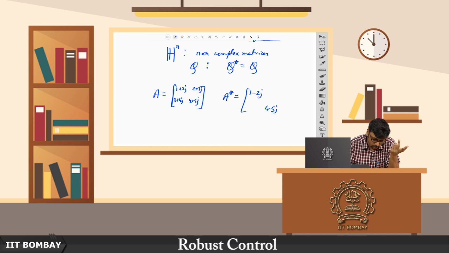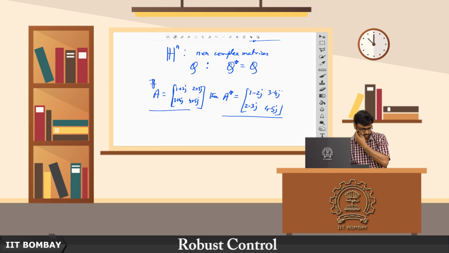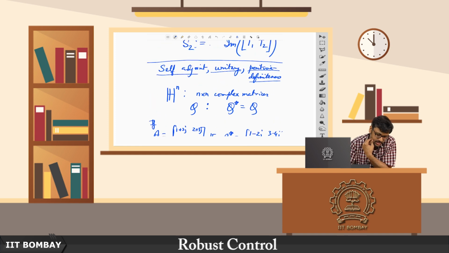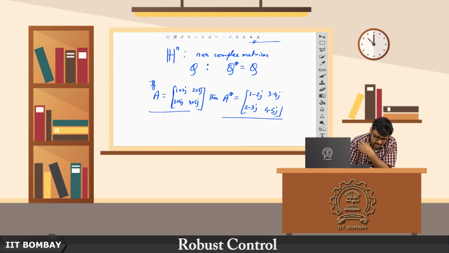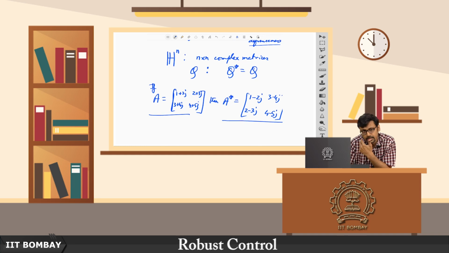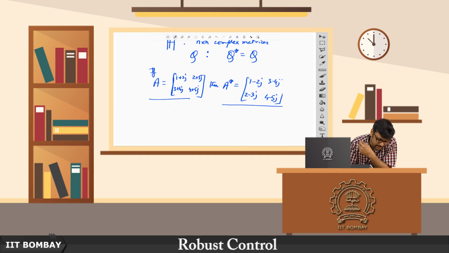So, that row becomes the column becomes the row, right. So, if A is this, then the adjoint of A is going to be this, all right. So, such a matrix where it is equal to its adjoint is known as a self-adjoint matrix or a self-adjoint operator. Clearly, in this example, the A matrix is not a self-adjoint operator because these two are not one and the same, right.